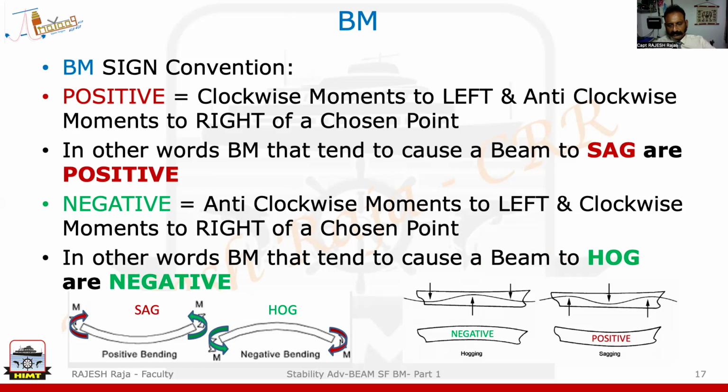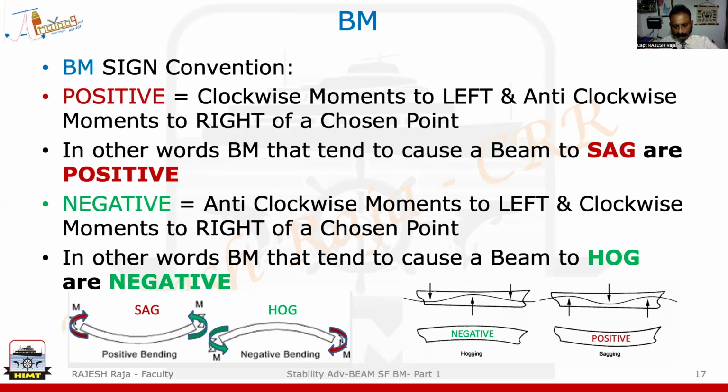These sign conventions help you in calculations. Should you use it? Yes, because it will help you to calculate very easily. Otherwise, if you don't use it and start calling it positive and negative just by word of mouth, it creates a lot of hassle. So we will stick to the sign convention also. Now, the one thing I would like to add for both of them is static equilibrium.